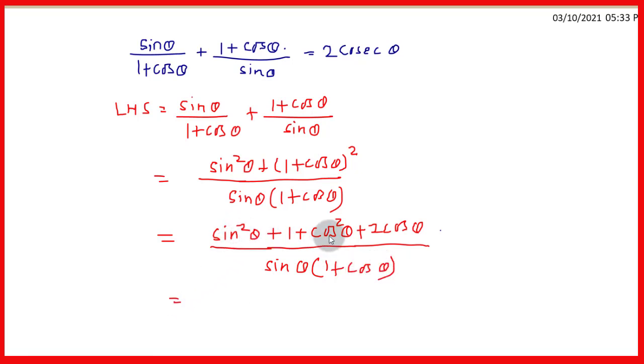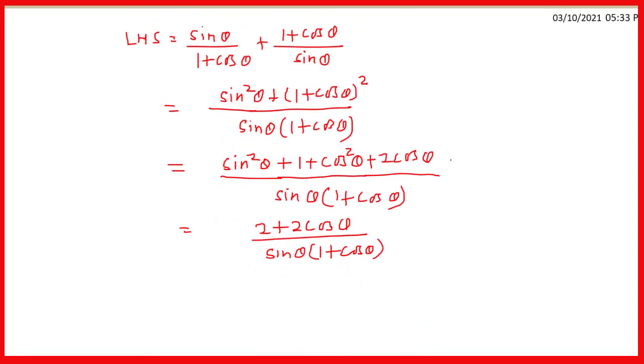So this can be solved further, that sin square theta plus cos square theta is 1, and this 1 will be 2, and so you will get 2 plus twice cos theta upon sin theta into bracket 1 plus cos theta, close the bracket. Now this can be solved further by taking out 2 as a common factor from the numerator.